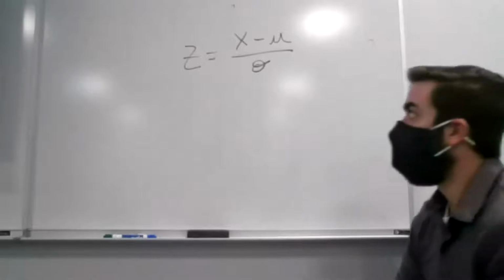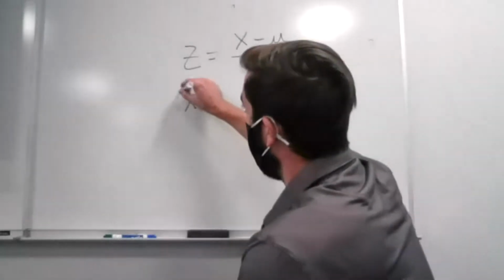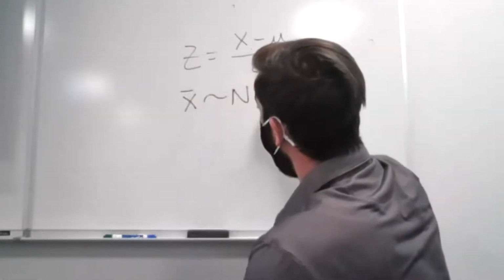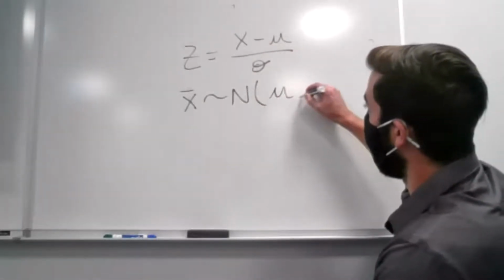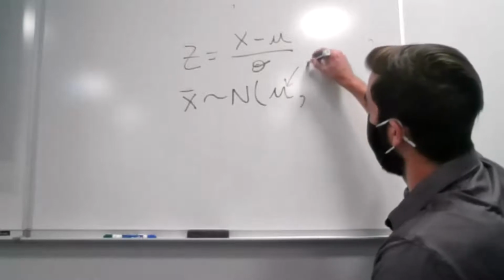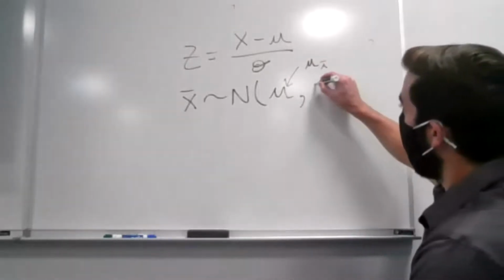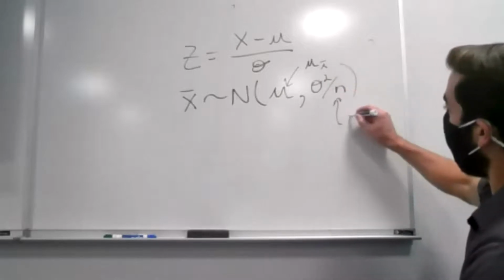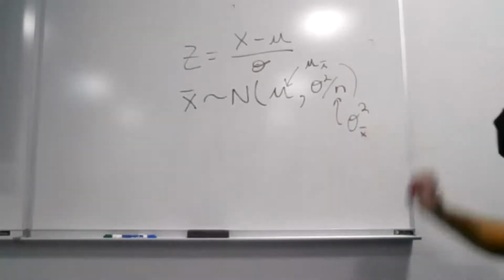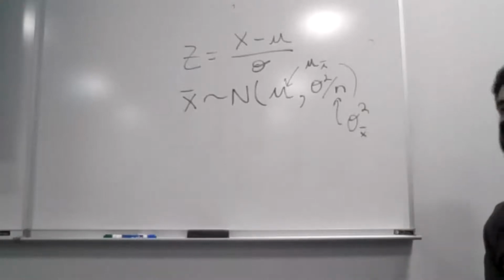Well, if I know that my sample means are normally distributed, and the mean of my sample means is just the population mean, and the variance of my sample means is just the original variance divided by my sample size.